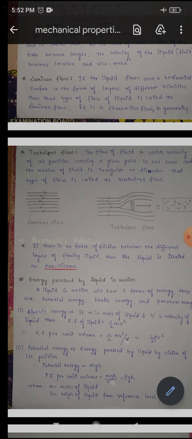In general, an example for the turbulent flow is a river. When the water is flowing smoothly and steadily, that is known as a streamline flow.